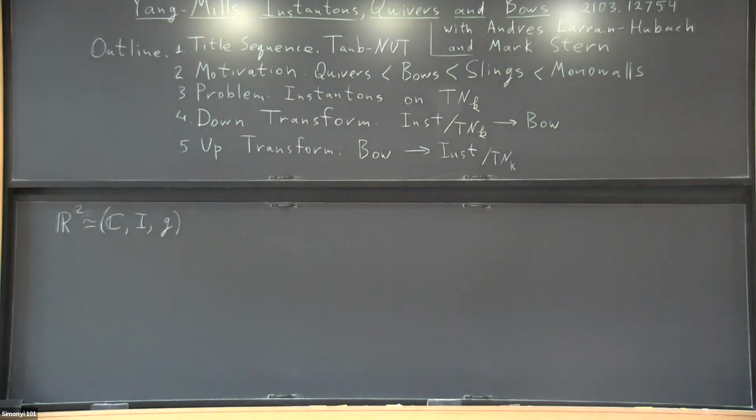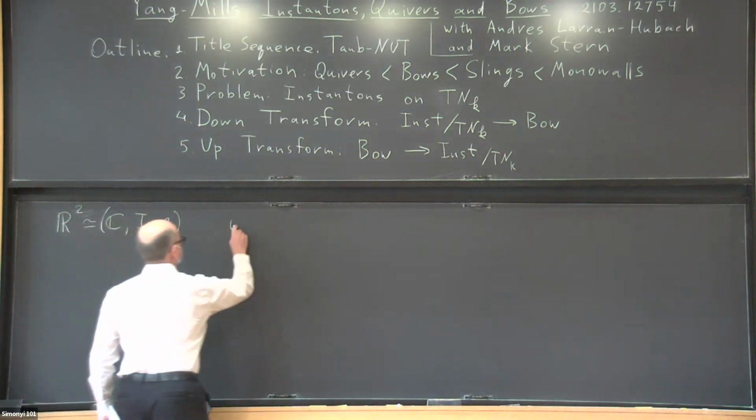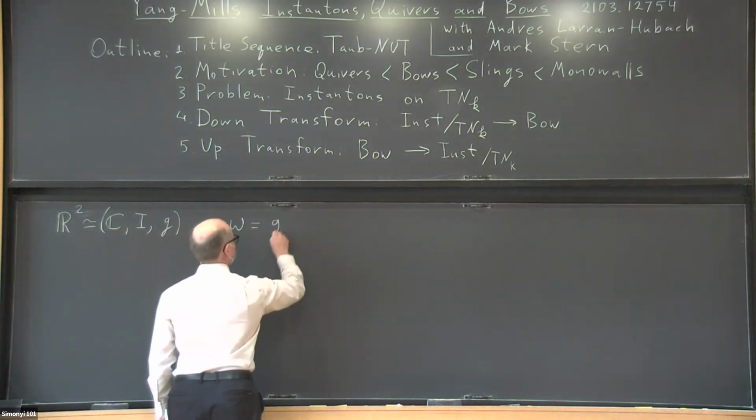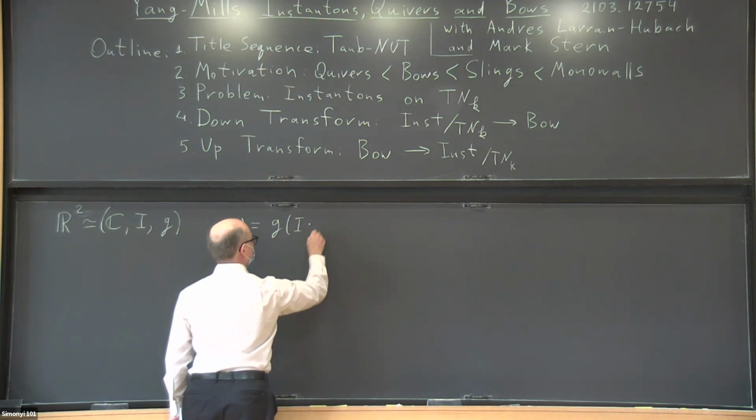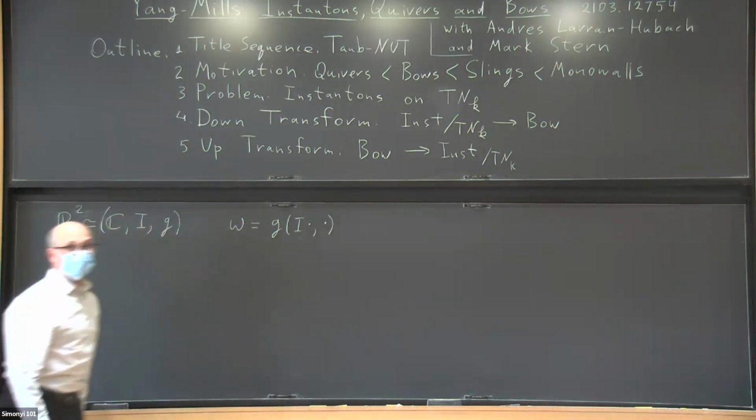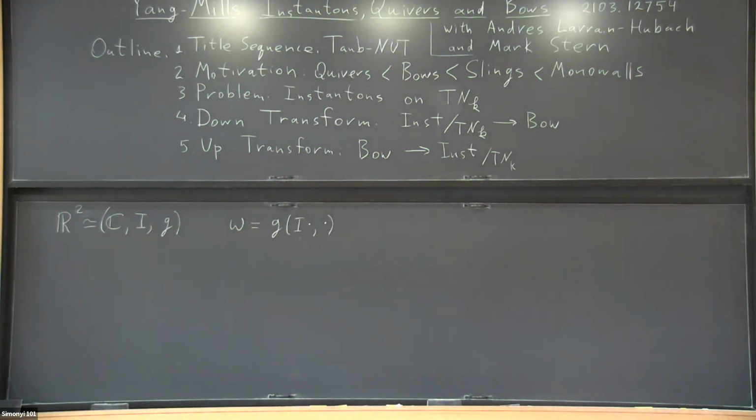Once you have a complex structure and a Euclidean metric, you immediately have a symplectic structure. Metric, you should have the complex structure in one of the entries. What is that complex structure? Just multiplication by i, or minus i, it's up to you.